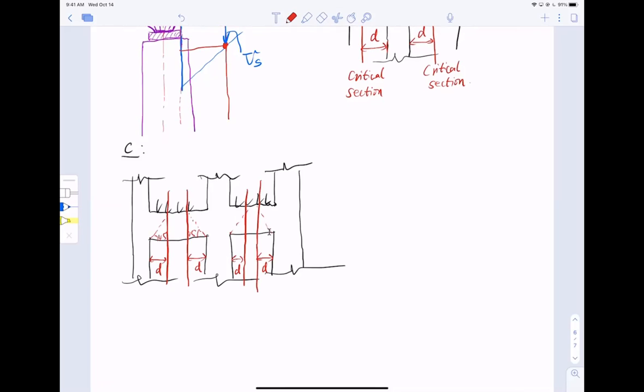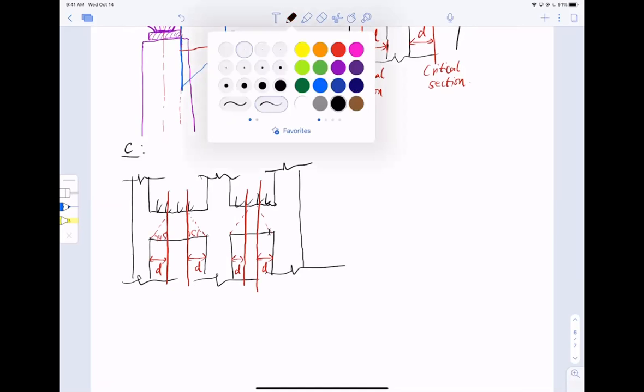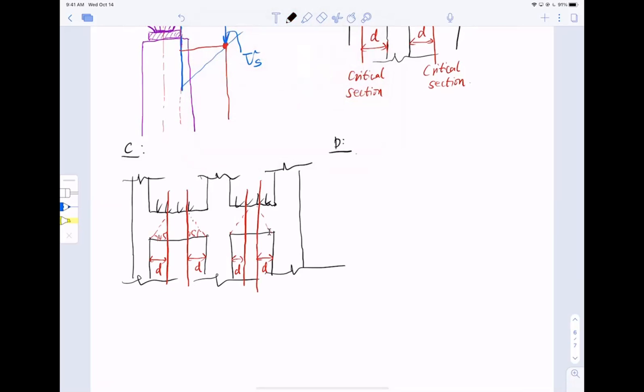Okay, yeah, this color is not right. So case D, the last case, we have a little bit different. Say I have a beam that looks like this, almost like in case A, but I have a lip. So this is the side view. And also the support, the neoprene bearing pads, all that is here, and this is the support, the column right here.